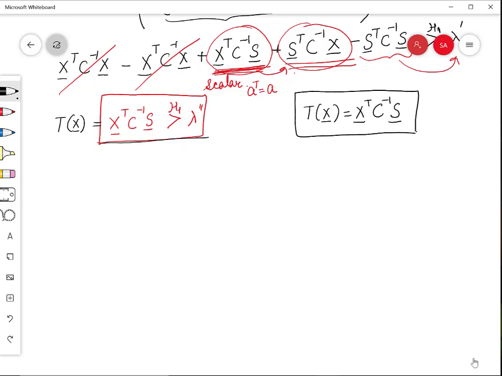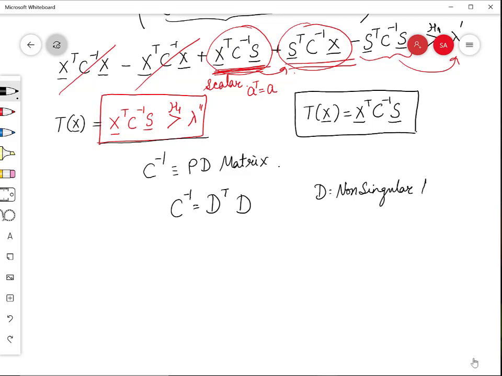Now, C inverse is a positive definite matrix, so we can decompose this matrix. We can write C inverse as D transpose D, where D is a non-singular n cross n matrix.